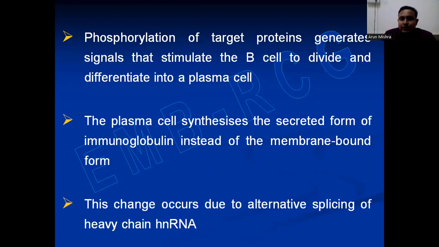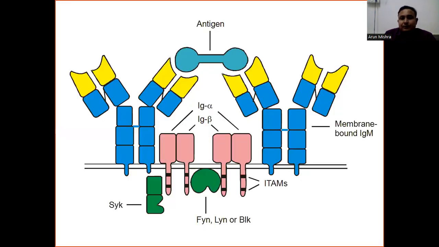Phosphorylation of target proteins generates signals that stimulate the B cell to divide and differentiate into a plasma cell. The plasma cell further synthesizes the secreted form of immunoglobulin instead of the membrane-bound form. This change occurs due to alternative splicing of heavy chain mRNA.